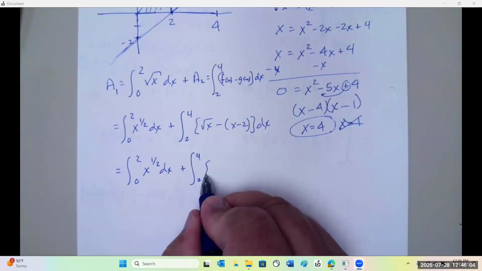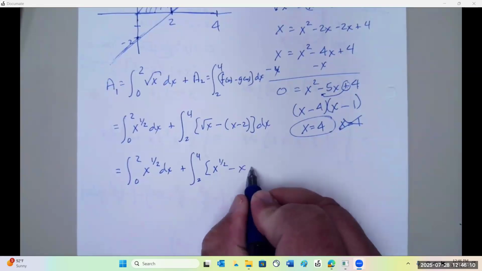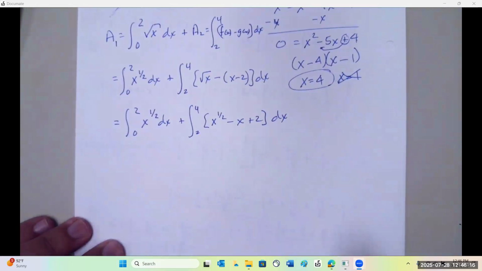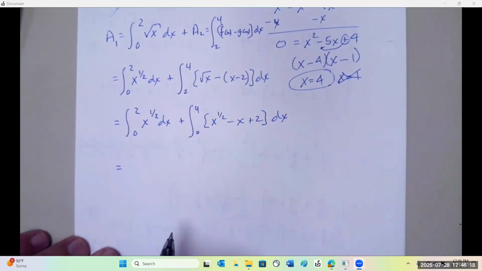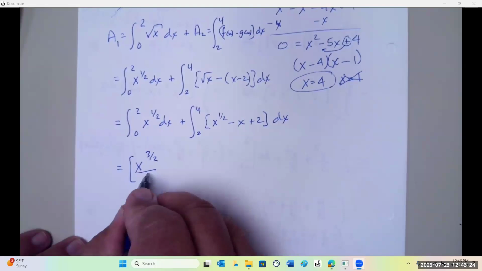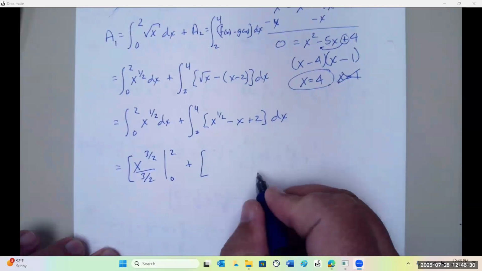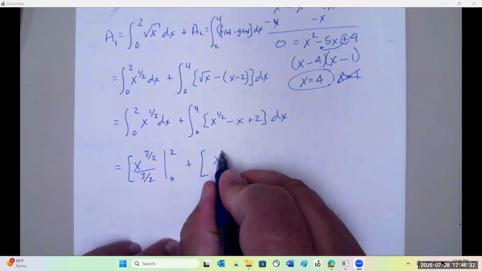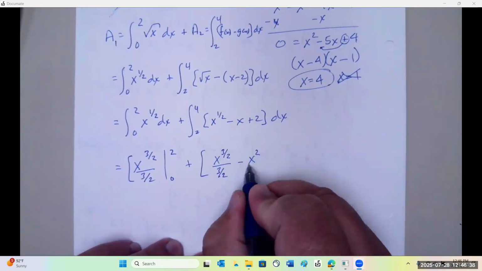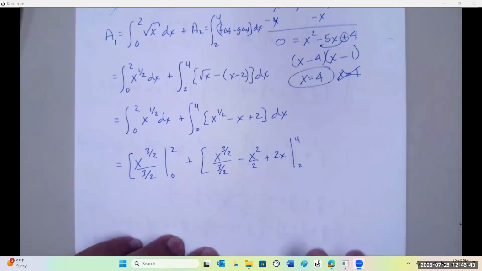So from 2 to 4, we get x to the power 1/2 minus x plus 2 dx. Integrate the first one, we get x to the power 3/2 over 3/2 from 0 to 2. Then x to the 3/2 over 3/2 minus x squared over 2 plus 2x from 2 to 4.